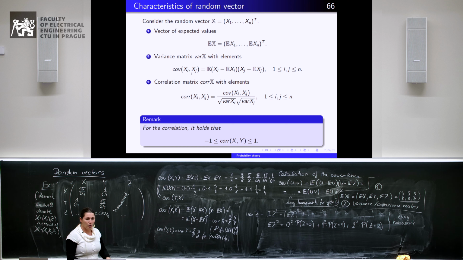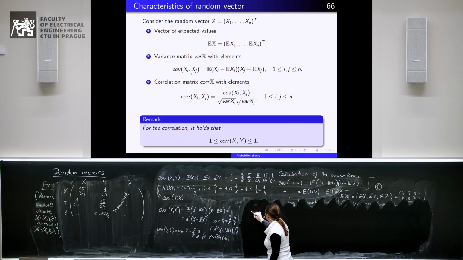So instead of this covariance, we very often use the so-called correlation matrix, where the matrix has elements given by the correlations. And you probably heard this term. The correlations are the covariances normalized by the square roots of the variances of the random variables whose correlation we calculate. What does it mean in our case?